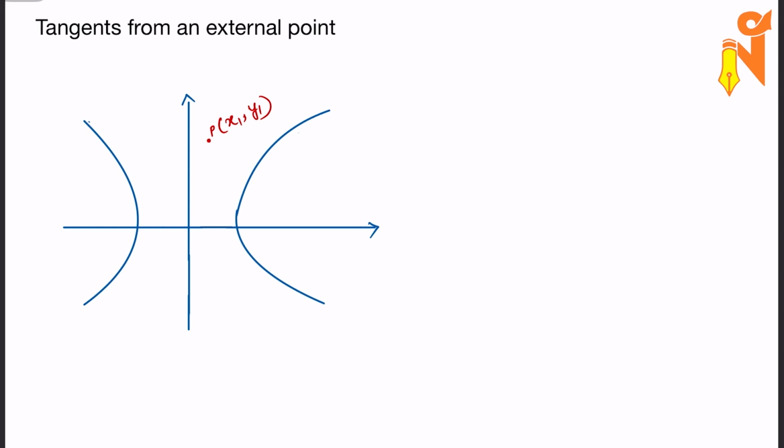As of now, what we should know is, if the point lies outside, we can draw two tangents. In this case, let us assume tangents are to the same branch. So hyperbola is x square by a square minus y square by b square is equal to 1. Now, how to get the equation of tangent from a point P x1, y1?